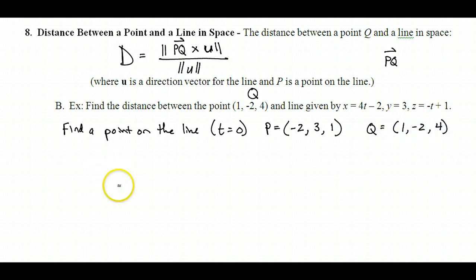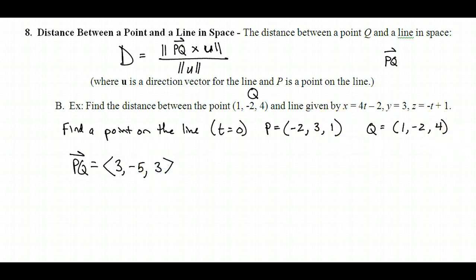Now we have to figure out vector PQ, which is very simple to do. 1 minus -2 gives us 3. -2 minus 3 gives us -5. 4 minus 1 gives us 3.